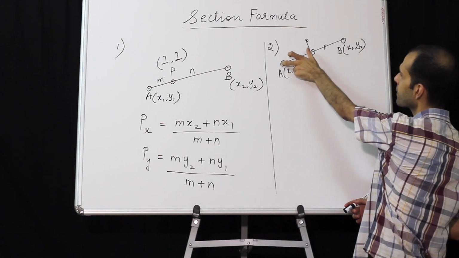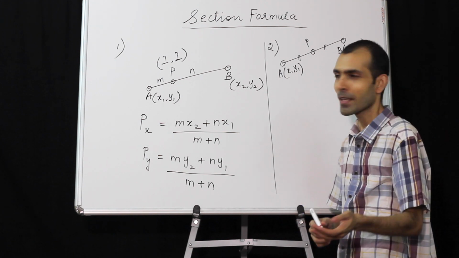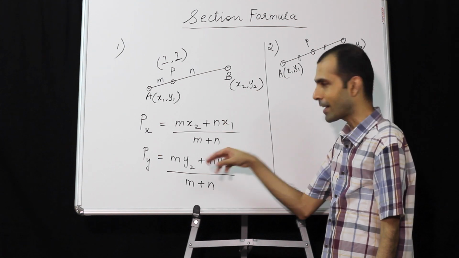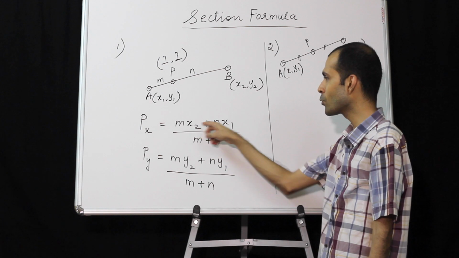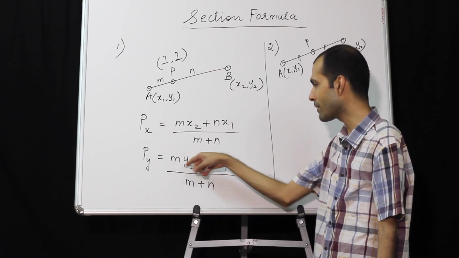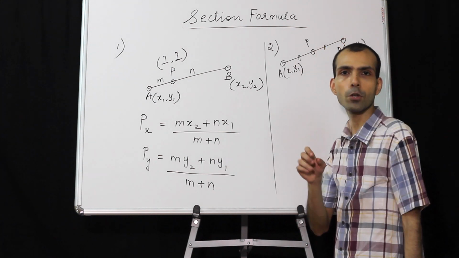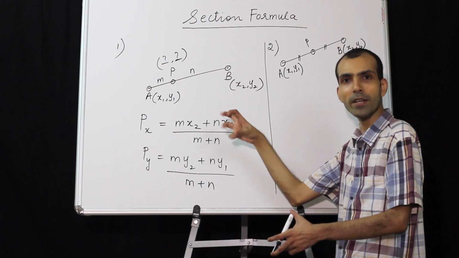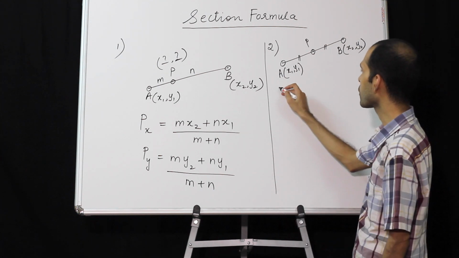Suppose this is 7, this is also 7, then ratio is 7:7, that is 1:1. So if I put m as 1 and n as 1 here and down also, what this formula will reduce to? x2 plus x1 upon 2, and again m is 1, n is 1, because if two segments are equal, the ratio will be what? 1:1. So you put it here and you get the midpoint formula, but no need to show this in the exam. You can directly use the formula.